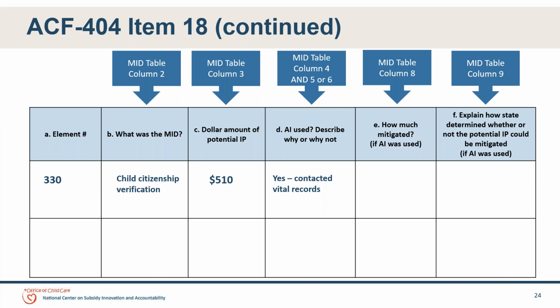That was pulled from column 4 of the MID table. And then the description was taken from column 6, contacted vital records. In column E, the entire dollar amount of $510 was mitigated. And then here in column F, there's a brief description that vital records were able to provide the birth certificate.